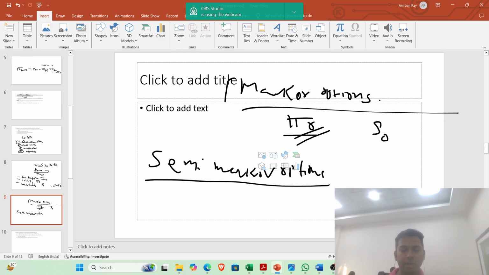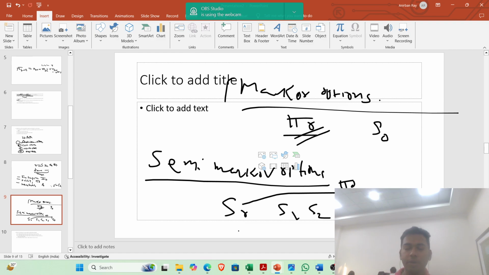Following up on that, we have semi-Markov options. We start from state S0, following different actions and different states, and reach state S0 again. In semi-Markov options, the policy pi 0 is dependent on the whole sequence of states, starting from the state of concern S0 and reaching back to S0 again.